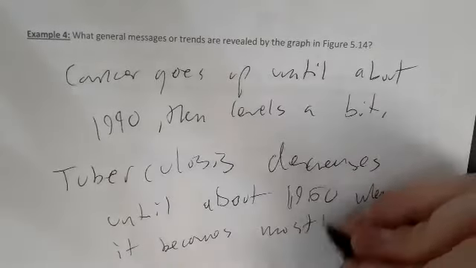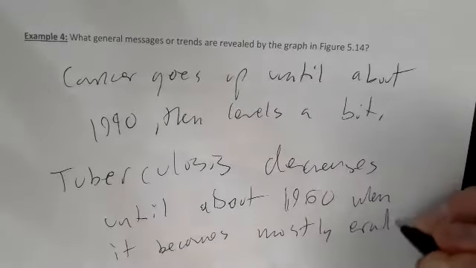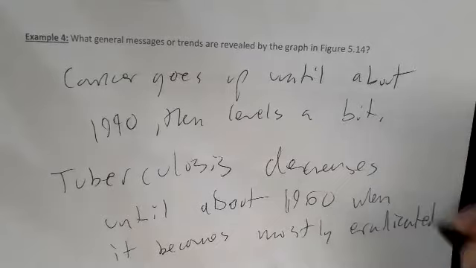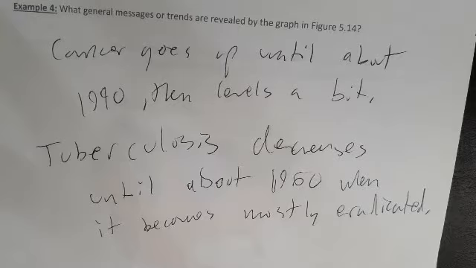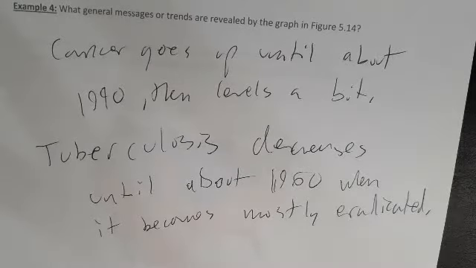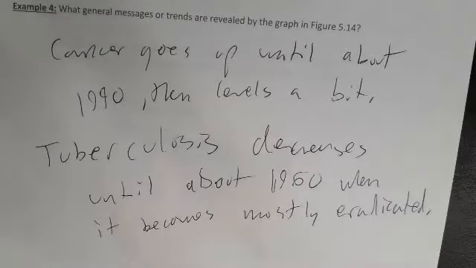You would say that's probably mostly eradicated, right? There might be a few examples here or there of it, but for the most part, it's not a disease we're looking at. So it became mostly eradicated around 1960.